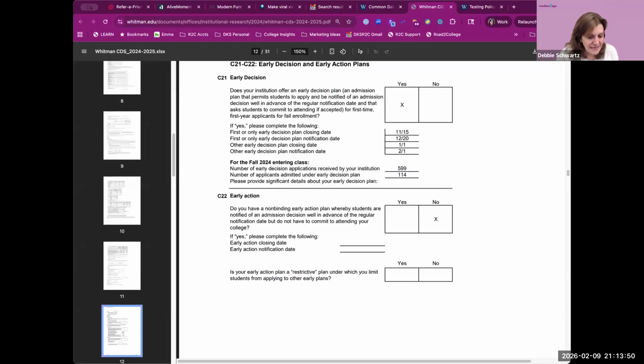What that means is that it just mathematically becomes harder, or the admit rates are lower, if your student is applying regular decision, because there are fewer spots available and there are usually more applications. So it's an important number to look at: if the college is offering early decision, what percentage of the class are they actually taking early decision?